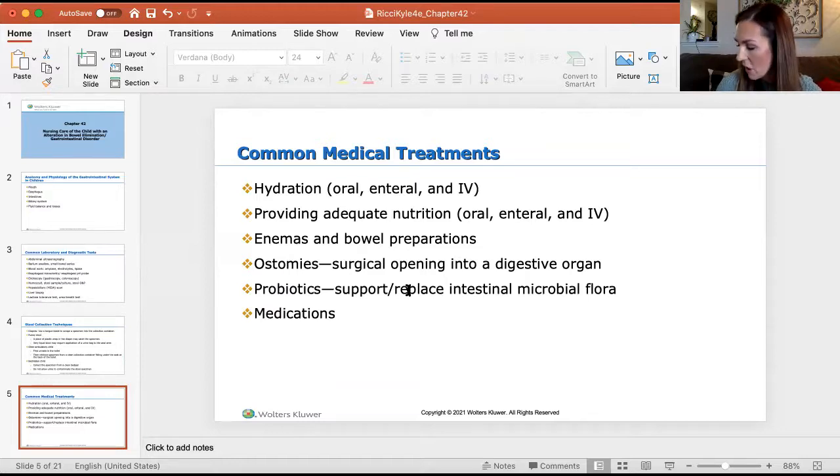A long time ago, if they had diarrhea, they would put them on a bowel rest. You might hear nurses say, put them on a bowel rest or a gut rest.